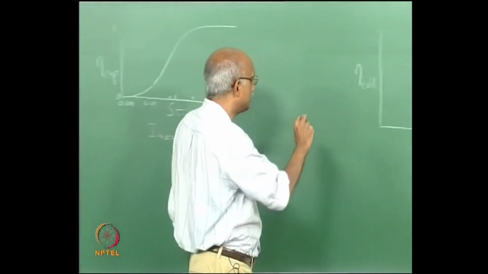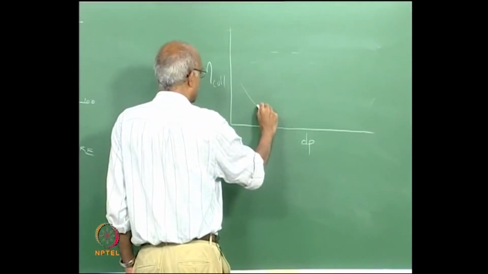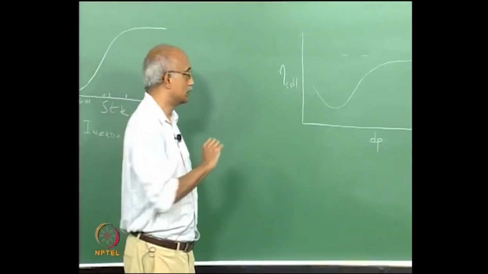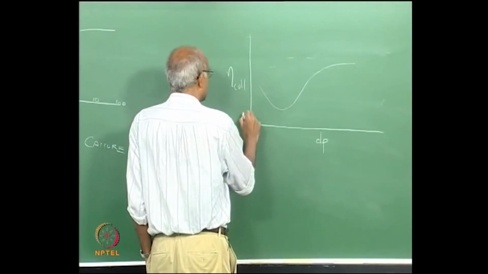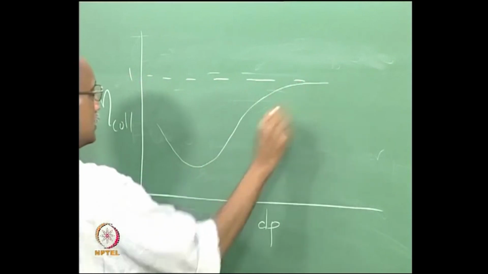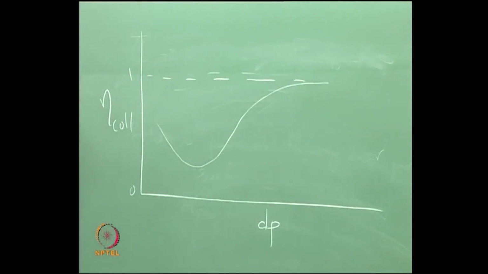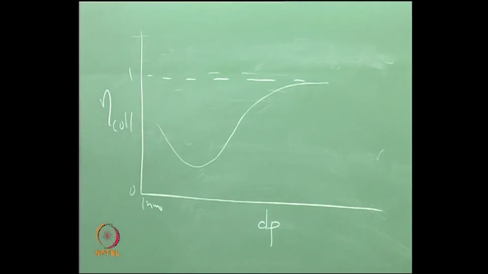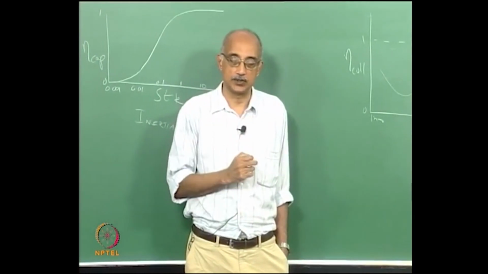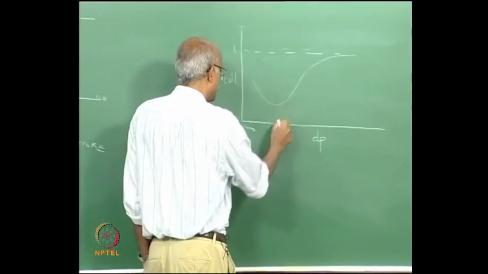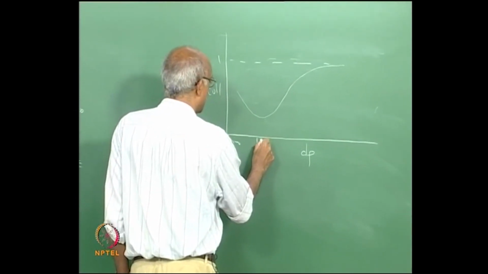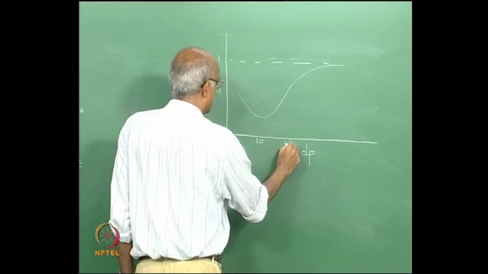Instead, what you will see is a trend that looks like this, where again going from 0 to 1, when the particles are very, very fine, let us say that this is 1 nanometer, the diffusional deposition actually causes an enhancement in collection efficiency.